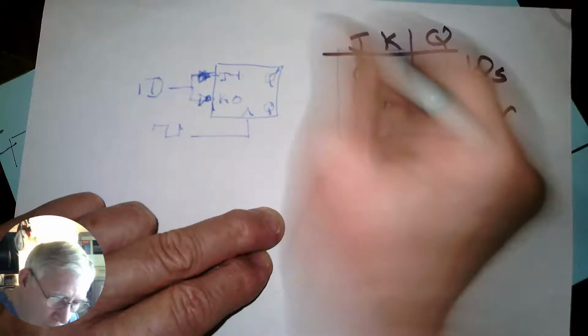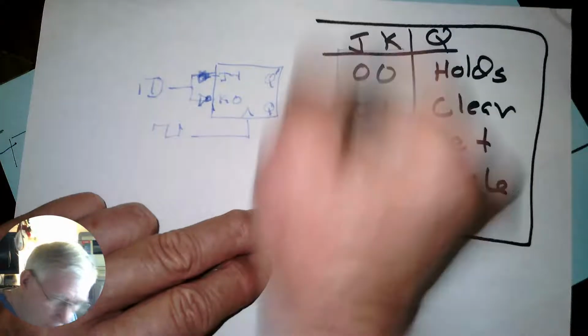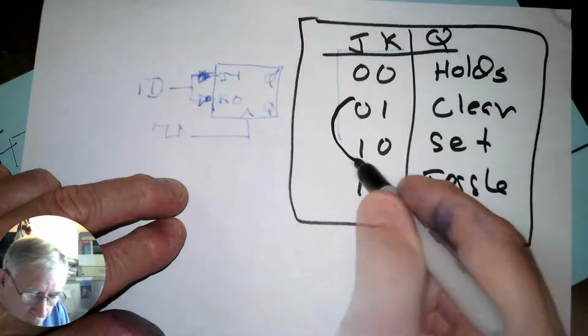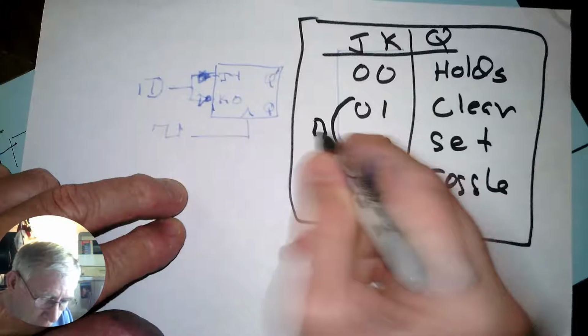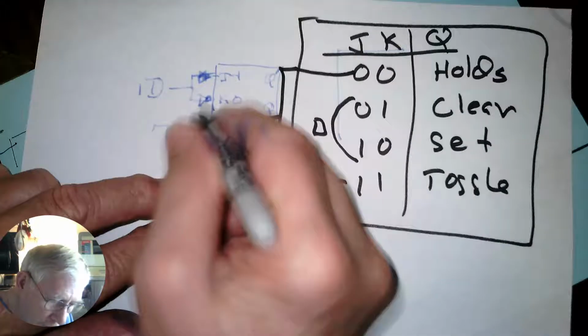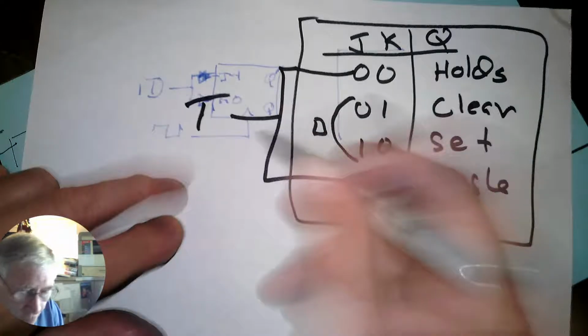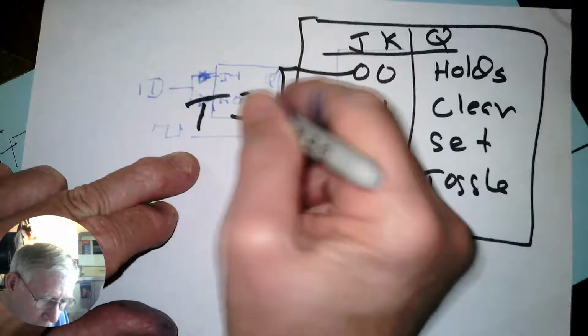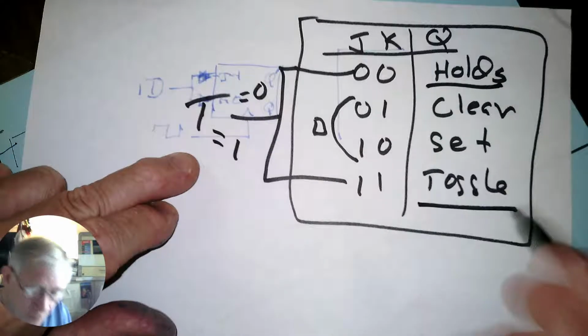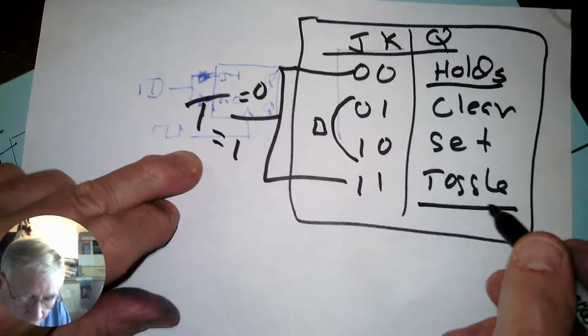Now this is what I want you to remember about a JK flip-flop. The interesting thing is, this part in here is basically the D part, and these two parts out here are basically the T part. Because if the T input equals 0, then the flip-flop holds. If the T input equals 1, then the flip-flop will toggle on the next clock input.